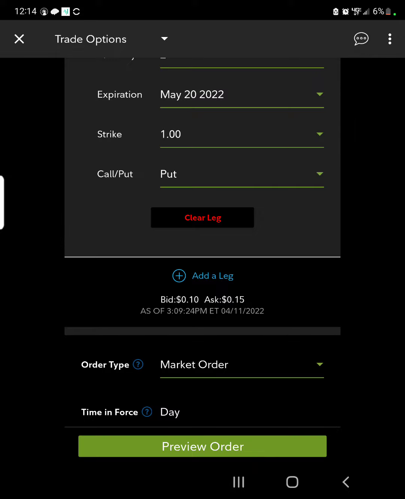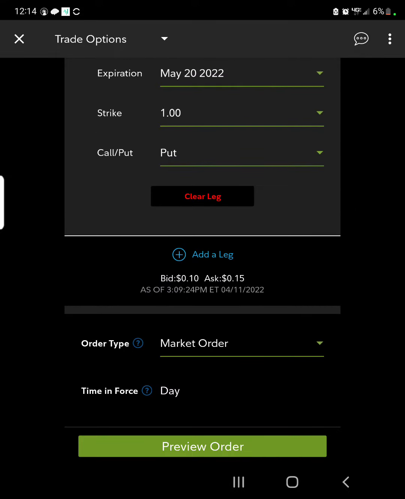And again, when you're looking at this, if I put this contract at market, I'm going to get about $10 a share for it. If I ask for the higher amount, I'm going to have to pay $10 a share, or sorry, the ask is 15. So let me back up.